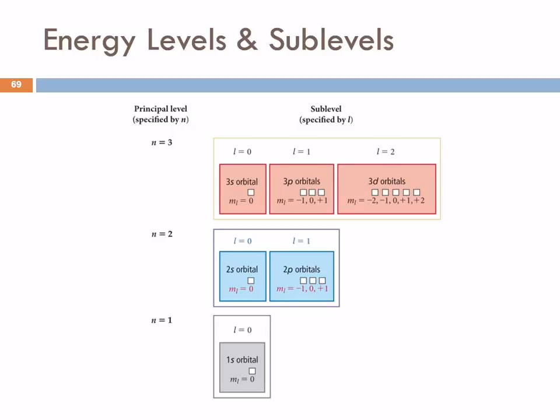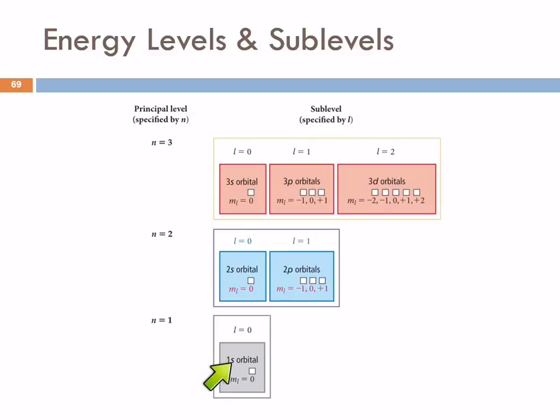So here's an illustration that can help us understand what is going on here. Here are our principal quantum numbers, n equals 1, n equals 2, n equals 3. For n equals 1, the possible values for L are 0 up to 1 less than 1, which is 0. So there's only one possibility, L equals 0.